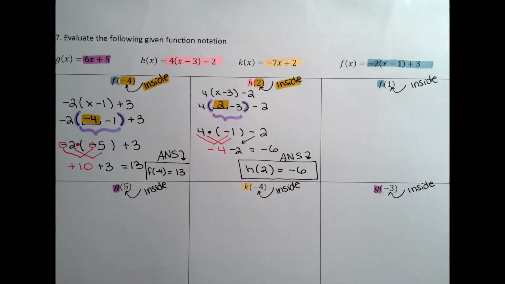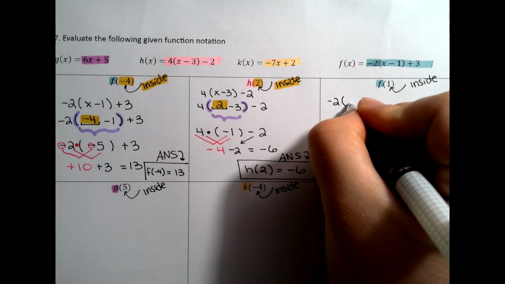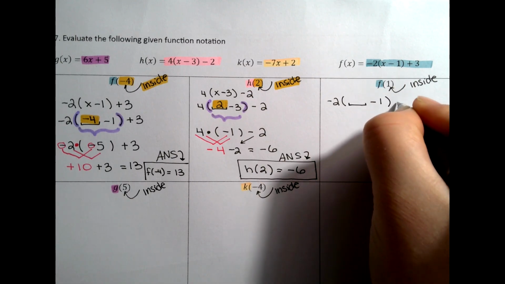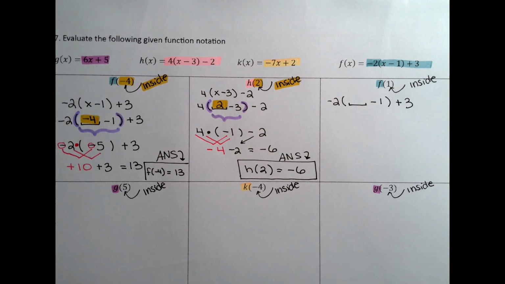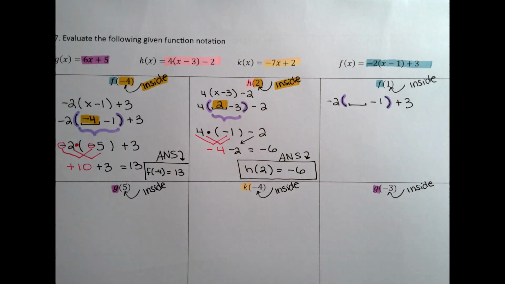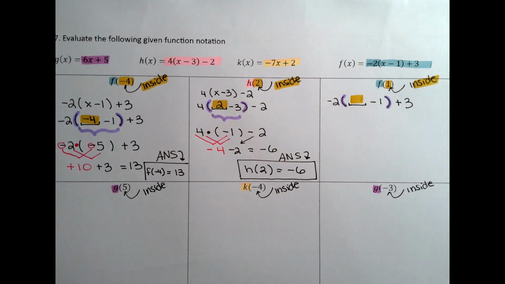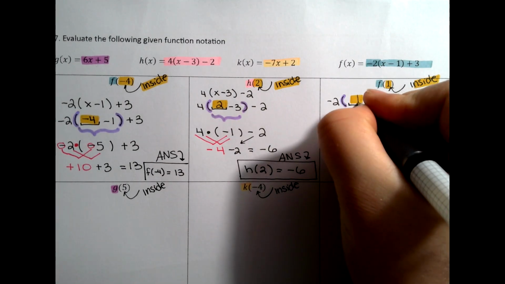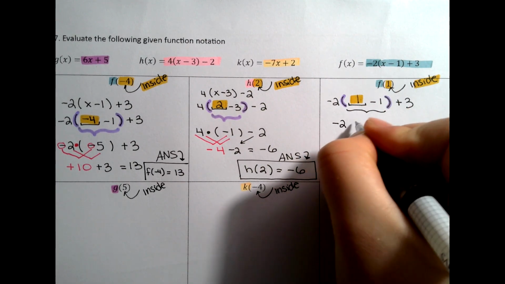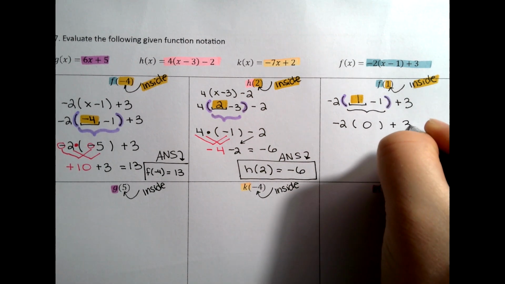Okay, moving on. We have another f function, negative 2, open. I'm going to skip a step because it's right here. Minus 1, close it, plus 3. We have our parentheses. We have our inside number, and that inside number is 1. Okay, so let's do the parentheses first. Negative 2, open, close it. 1 minus 1 is 0, plus 3.